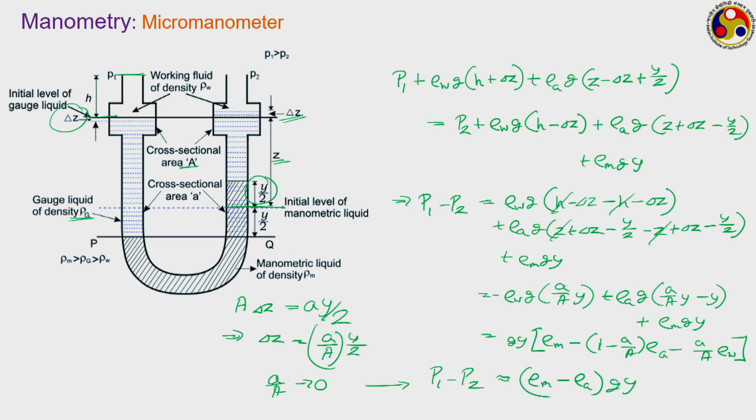And now if the difference between the manometric fluid density and gauge fluid density is smaller, then y will keep on increasing in proportion. Therefore, by suitably combining this manometric liquid and gauge liquid, we can get much higher sensitivity using this micromanometer, and therefore we can easily use this for very small delta p measurement as well.